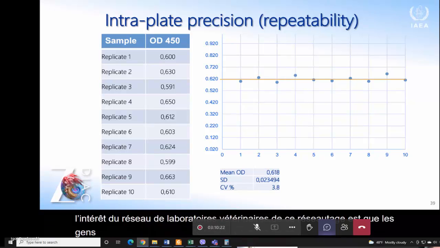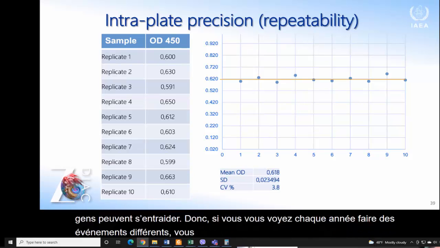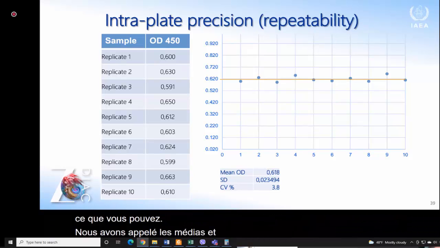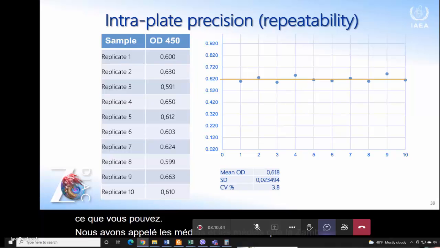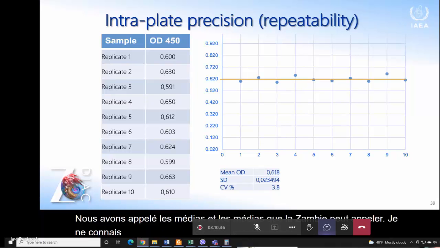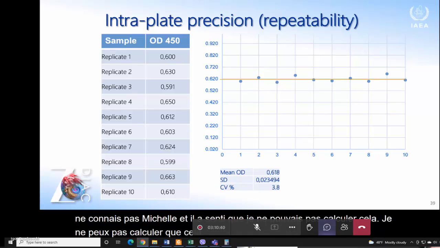So if you see each other every year through different events, you can help each other. Look, Morocco can call Namibia, or Zambia can call, I don't know, Niger: Hey, I need help. I cannot calculate this. I cannot calculate that. This brings a lot of knowledge between the network of the laboratories.